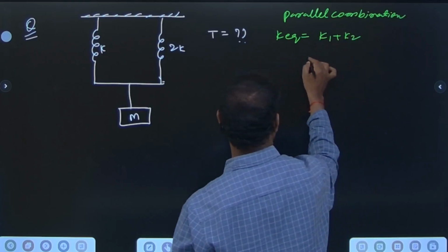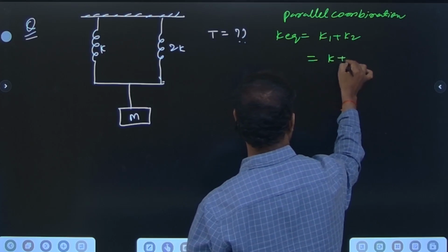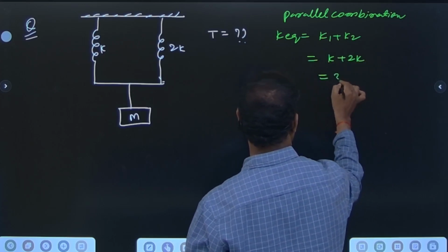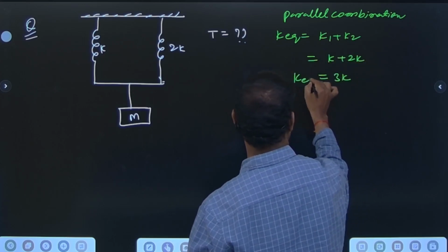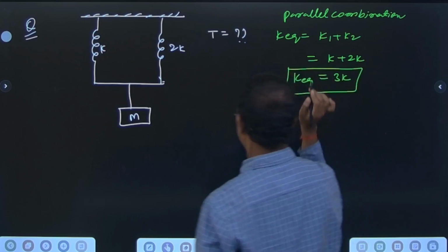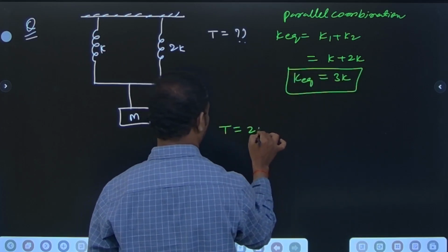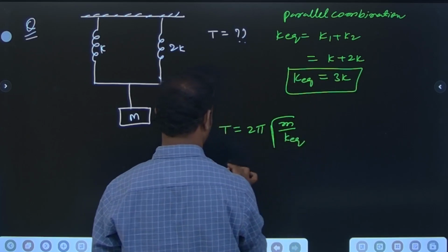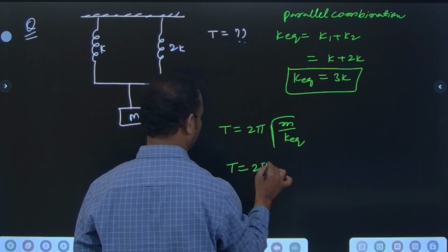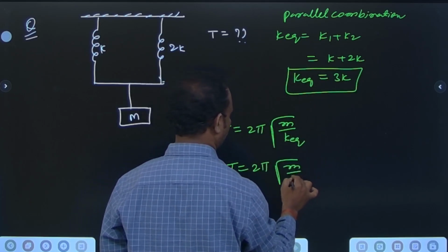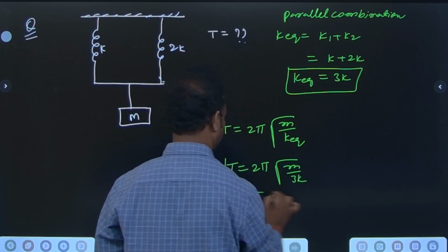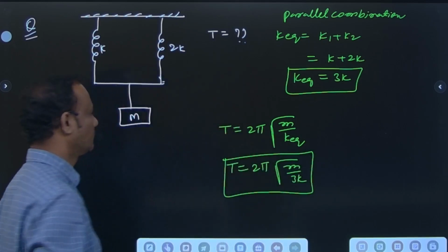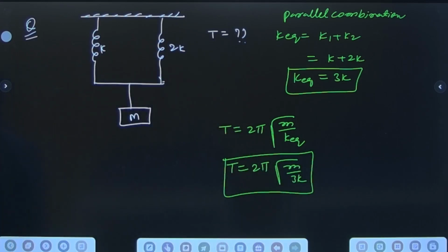That means K plus 2K, which is 3K. What is the time period? T is equal to 2 pi under root of M by K equivalent, which is 2 pi under root of M by 3K. Okay? So these are the models.